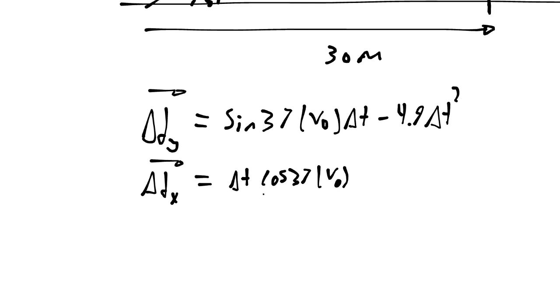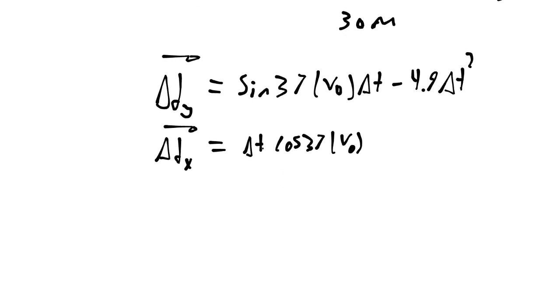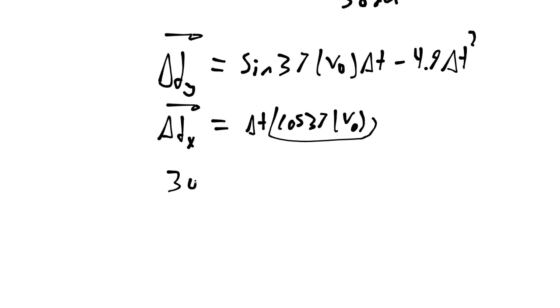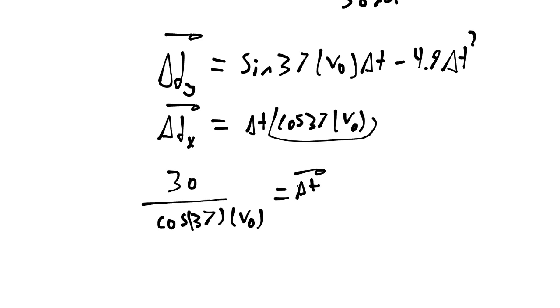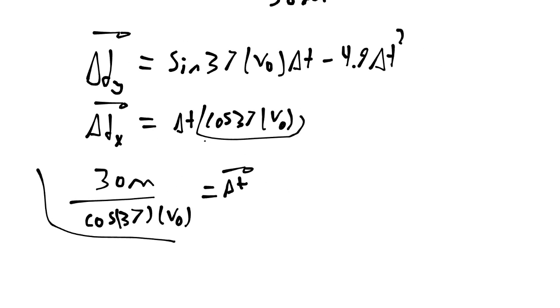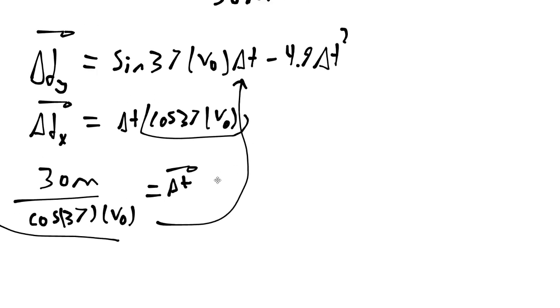If you rearrange, you move this all the way to the other side, and you get 30 divided by cos 37 degrees times v naught, and that equals delta t. So now you take this entire thing and put it back into this equation. Let's do that now.